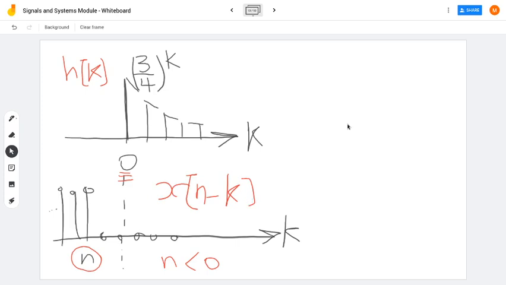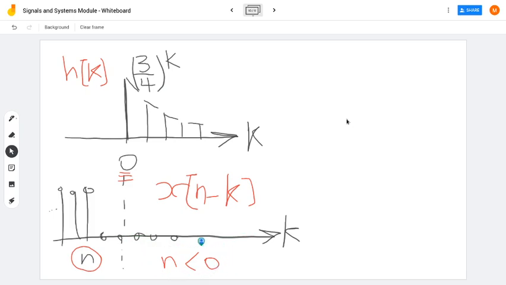How is that? All the samples here of h of k are equal to 0. We multiply it by these, so we will get a 0. And all the samples here are 0. We multiply it by 3 over 4 to the power k, which will give us a 0. That's why the multiplication will be 0 for n less than 0.